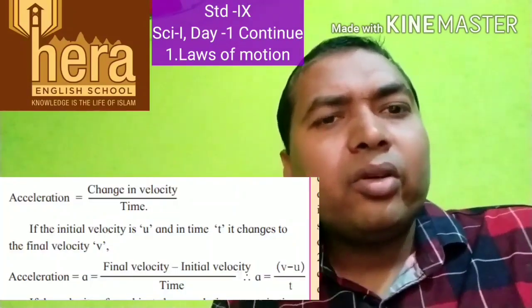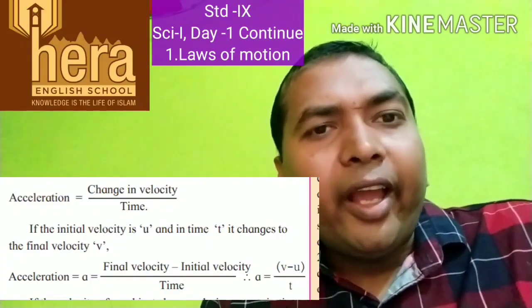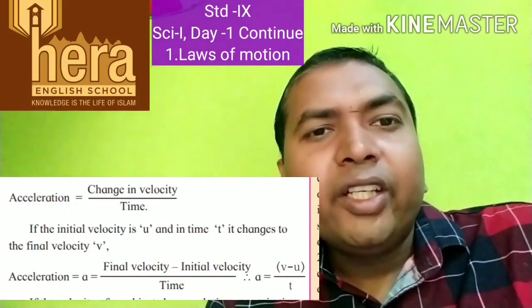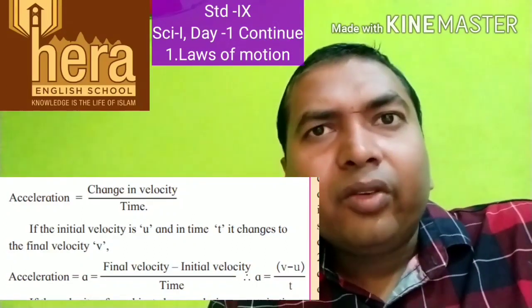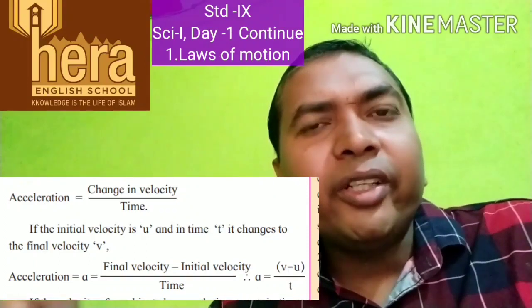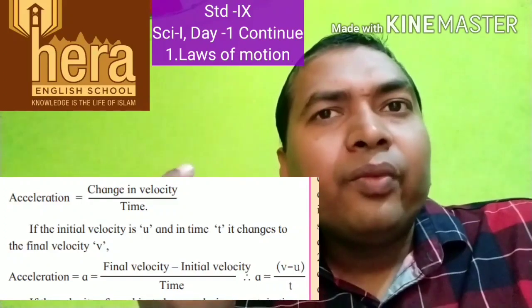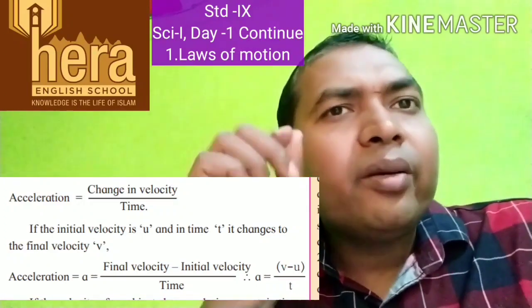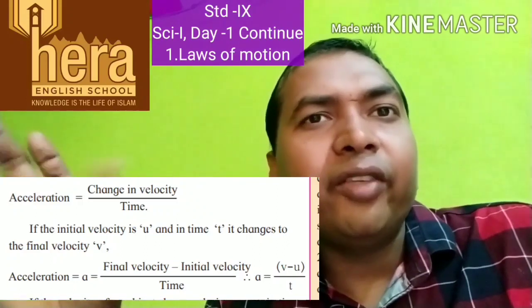Your next concept is acceleration. Acceleration means change in velocity per unit time. What I said: change in velocity per unit time. Change in velocity means what? Final velocity minus initial velocity is called change in velocity.